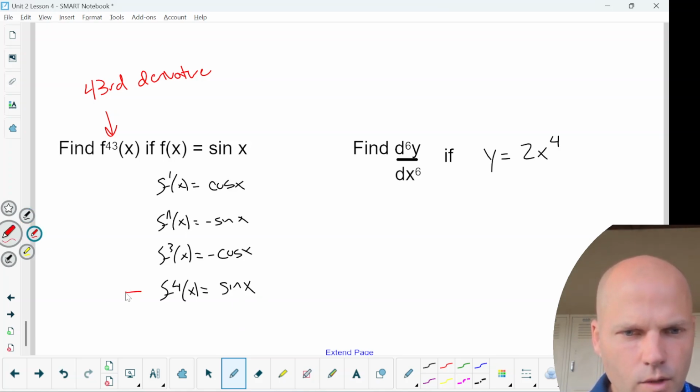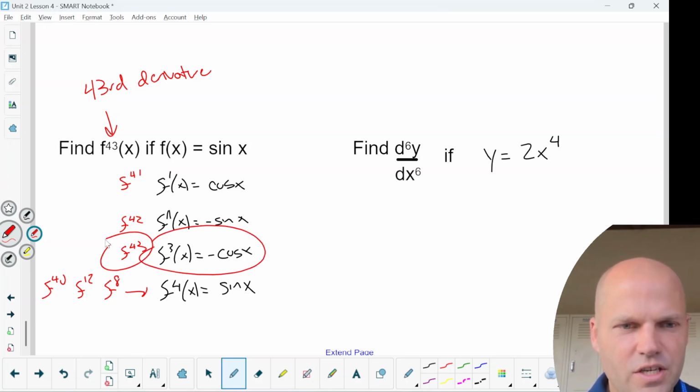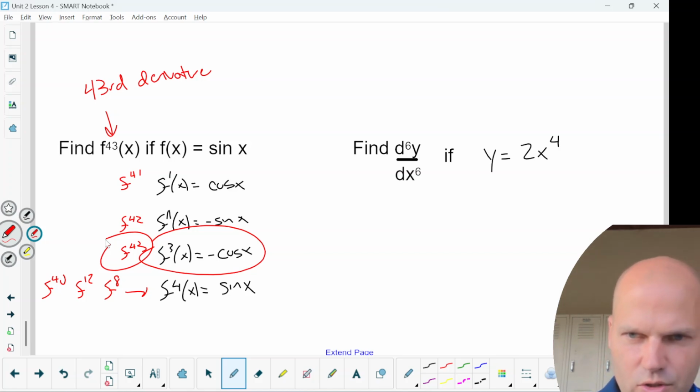We are back to sine at the fourth, which means the eighth derivative is going to be sine, which means the 12th derivative is going to be sine, which means the 40th derivative is sine, which means this is going to be the 41st, this is going to be the 42nd, and this is going to be the 43rd. So really neat seeing this kind of pattern emerge of the slopes of the slopes of the slopes.